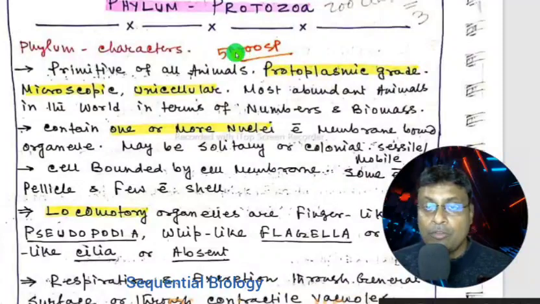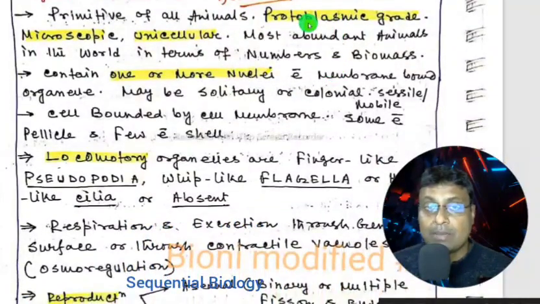Till now 50,000 species have been discovered, and this is the most primitive of all animals, and the protoplasmic grade of organization can be seen in this phylum. They are microscopic because their body is made up of a single cell, so we cannot see them with our naked eyes, and they are the most abundant animals in the world in terms of numbers and biomass.